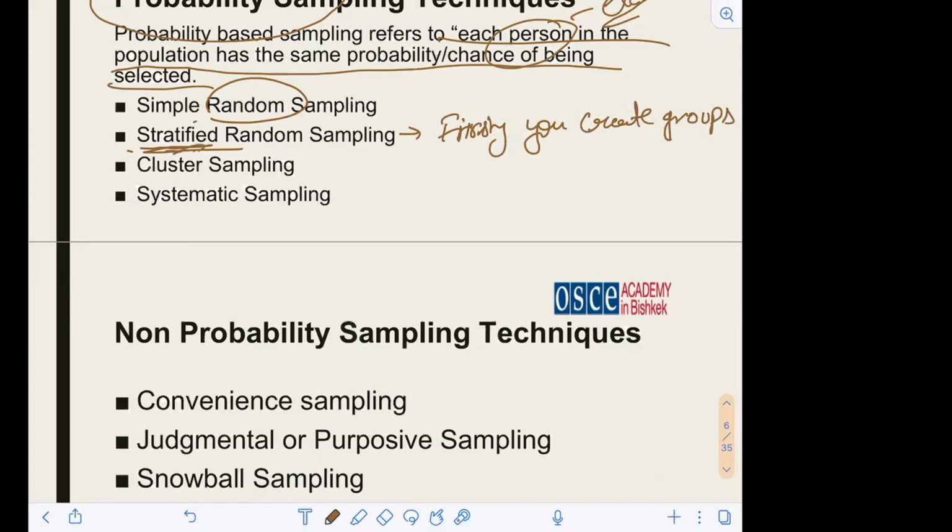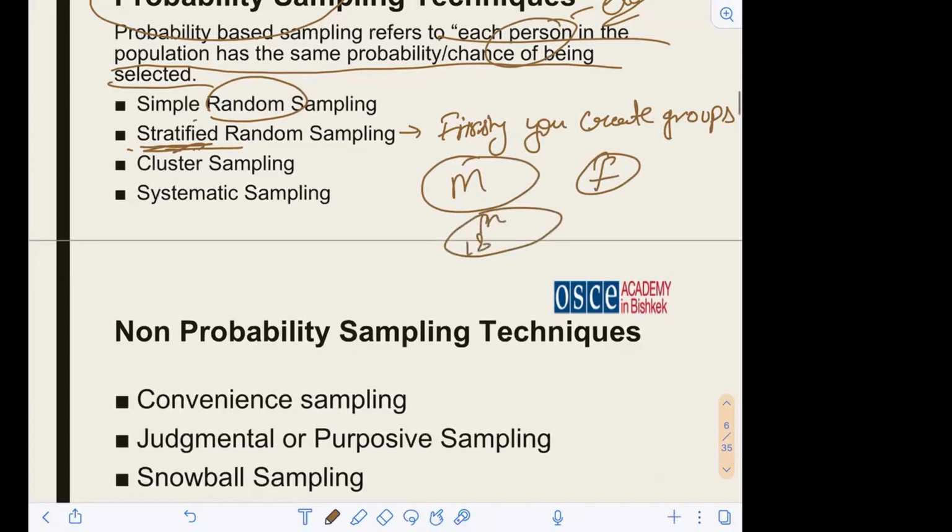Let's say this is my male group. This is my female group. This is my male group aged 18 to 25. This is my female group aged 18 to 25, like that. So you create strata, the groups and subgroups, and so on and so forth. You refine your data. You refine your sample, I would say.